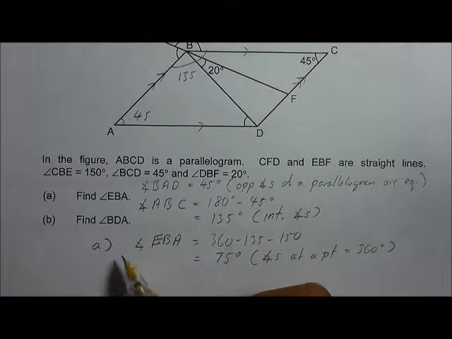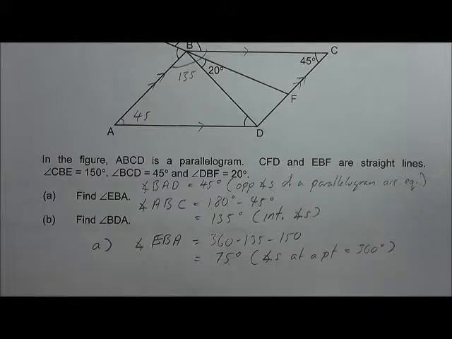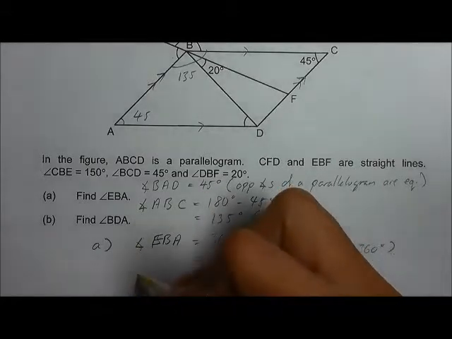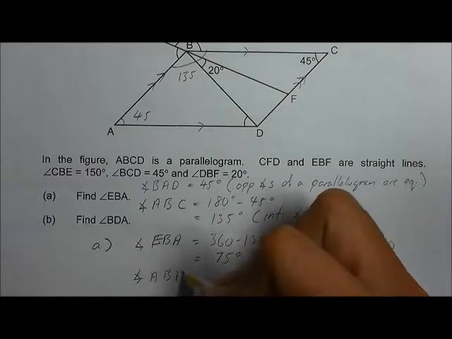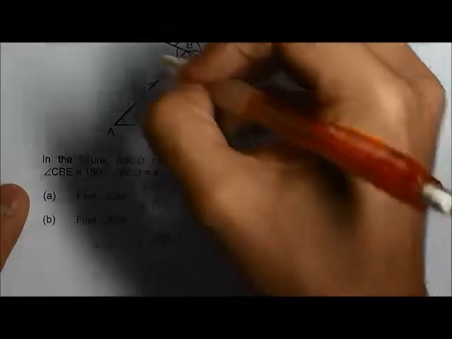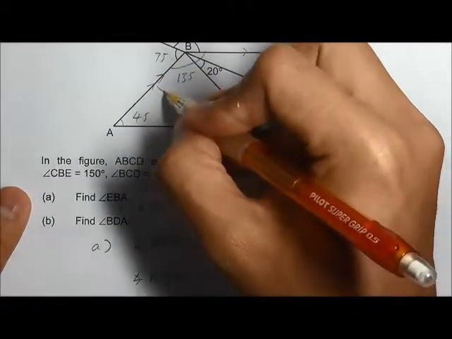Okay, now we want to solve for part B, angle BDA. Okay, we can find what is angle ABD. So this one is 75, we write down. ABD will be this angle here.